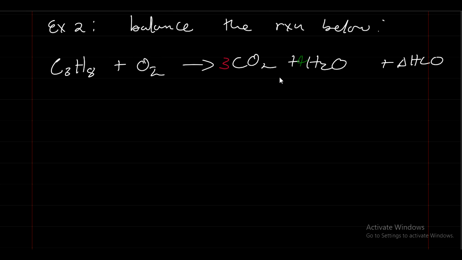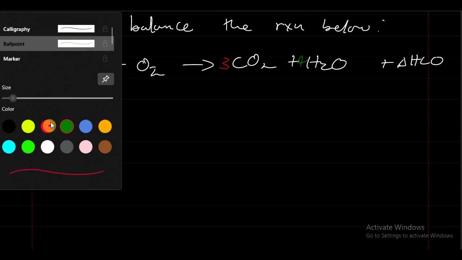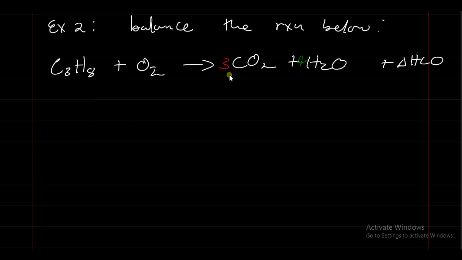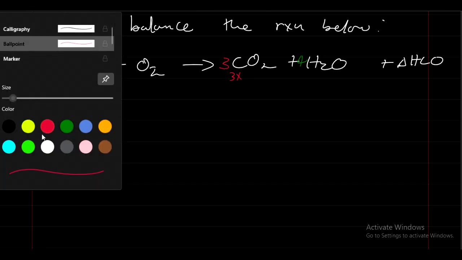The only thing that is left is the oxygen. How do I balance the oxygen? I look at the right side first before I go to the left hand side. On the right hand side, I have here 3 times 2, the 2 is white.